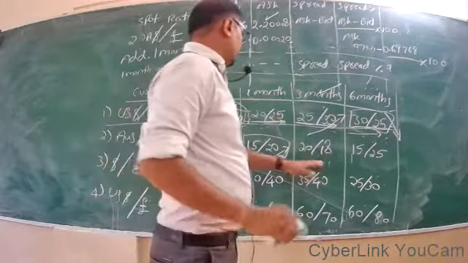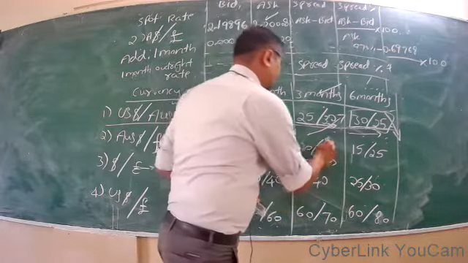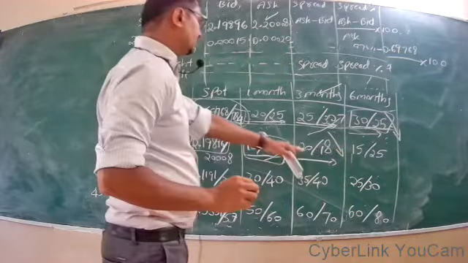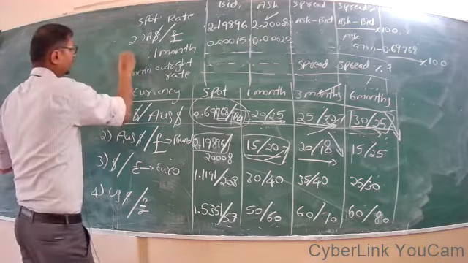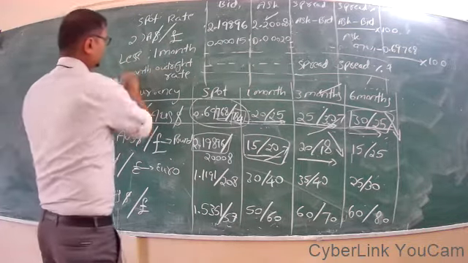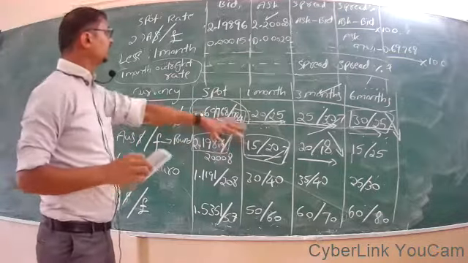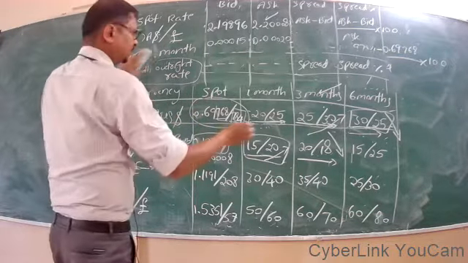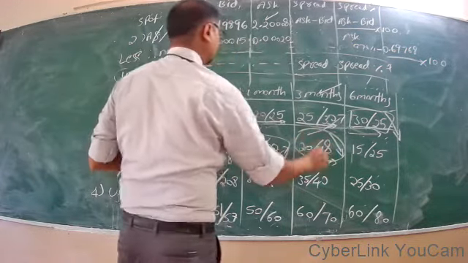Then for 3 months, while reading from left to right, 20/18, right? So this is in decreasing order. Since it is in decreasing order, you have to deduct it from the spot rate only, not from the 1 month outright rate. You have to adjust everything with the spot rate only. So less the 3 months swap point, which is in decreasing order.